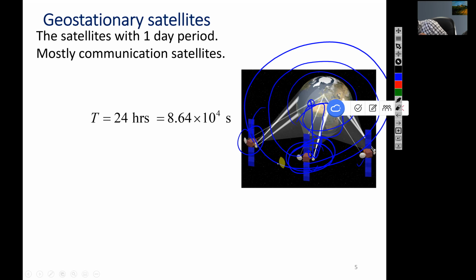So if the sun is here and the Earth is there, 365 days is the time it takes to go around and come back, right? Now, one day or 24 hours is just the spin.